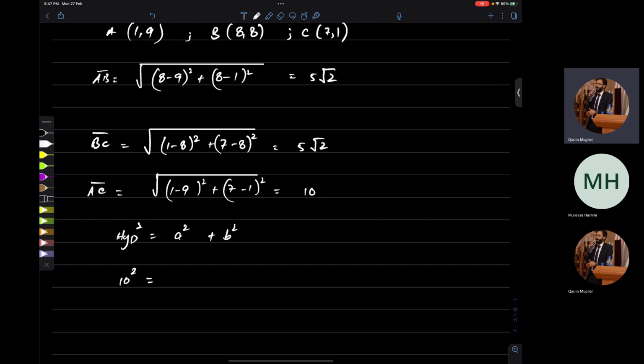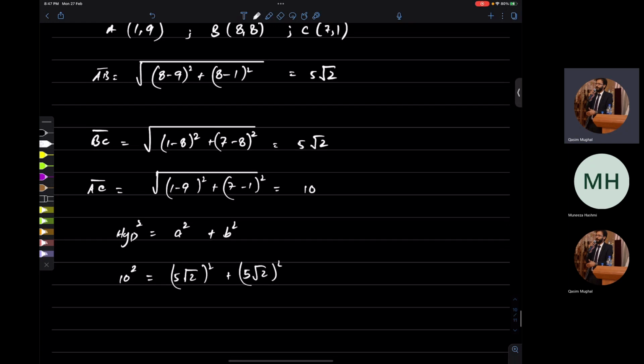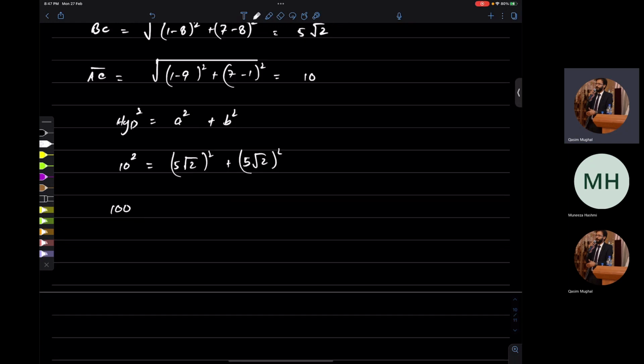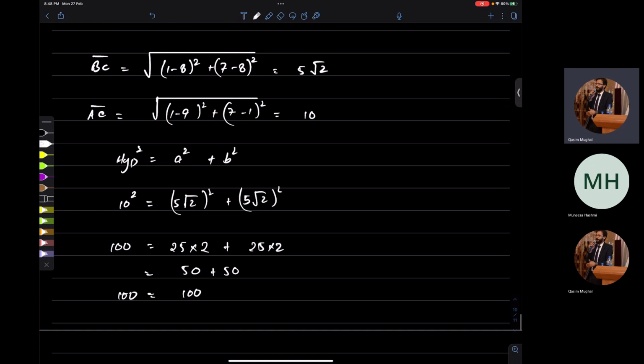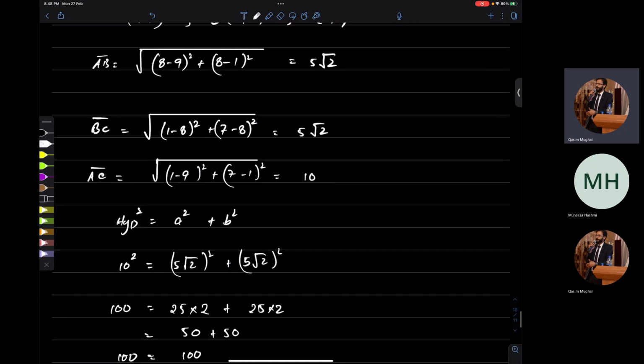So I'm going to do 10 squared equals 5 root 2 squared plus 5 root 2 squared. 10 squared is 100, and 5 squared is 25, and root 2 squared is just 2. The same goes over here. So 50 plus 50, that is 100. So we see that it fits the Pythagoras theorem perfectly.